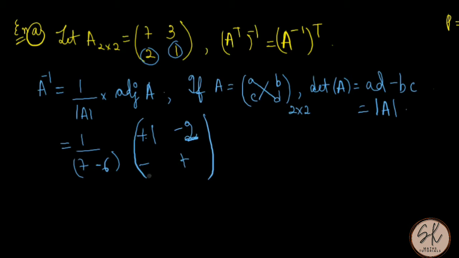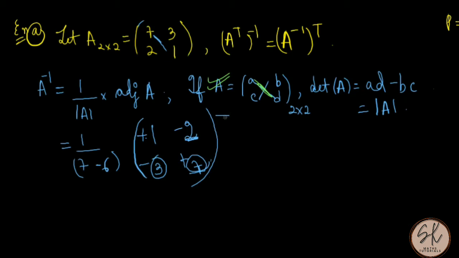For finding the A21 element, we hide the second row and first column. Then we get 3. For the A22 element, we hide the second row and second column. Then we get 7.